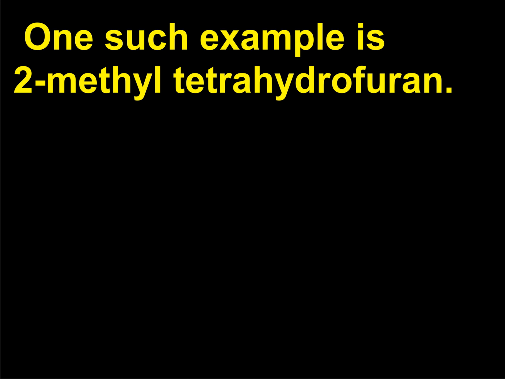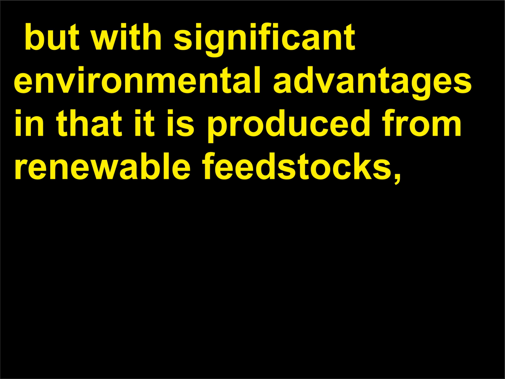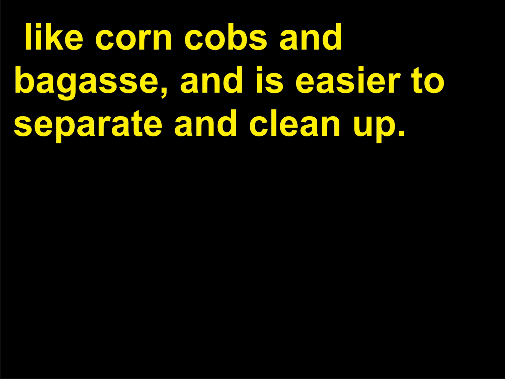One such example is 2-methyl tetrahydrofuran. As a solvent, it possesses similar characteristics to the widely used dichloromethane and tetrahydrofuran solvents, but with significant environmental advantages in that it is produced from renewable feedstocks like corn cobs and bagasse, and is easier to separate and clean up.